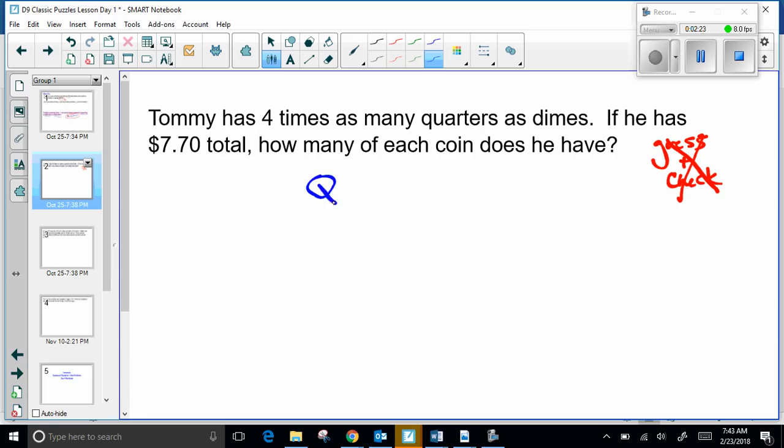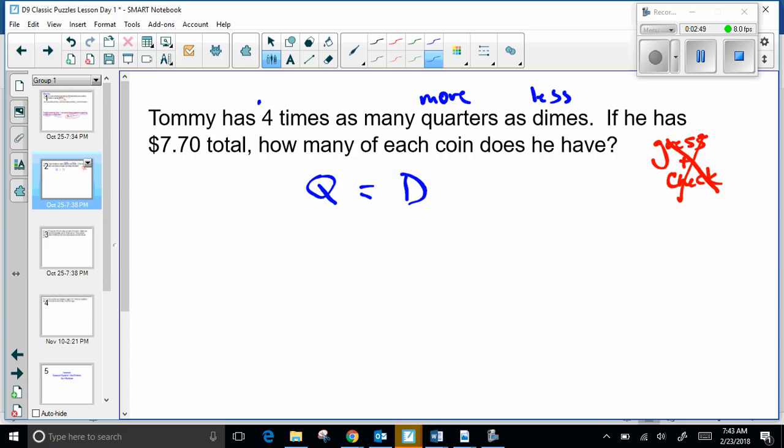So if I have quarters and I have dimes, and I want to set up an equation and make those equal to each other, they're not equal yet. There's a lot more quarters, I'll label that, than there are dimes. It's less. So if I want to make the dimes equal to the quarters, I have to increase this. How much bigger do I need to make the number of dimes?